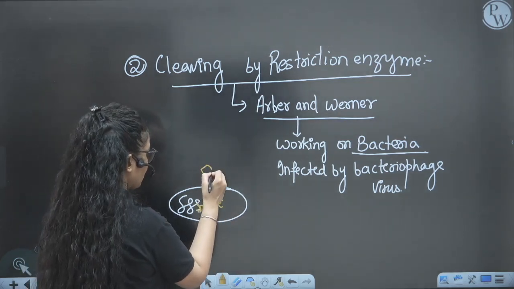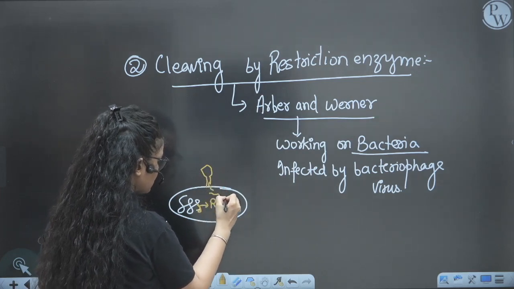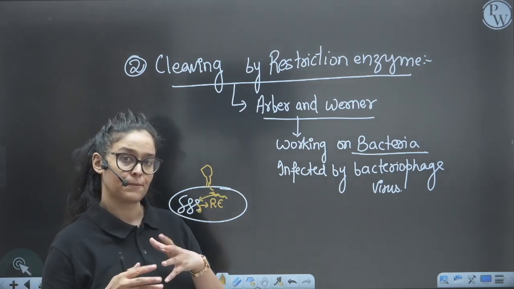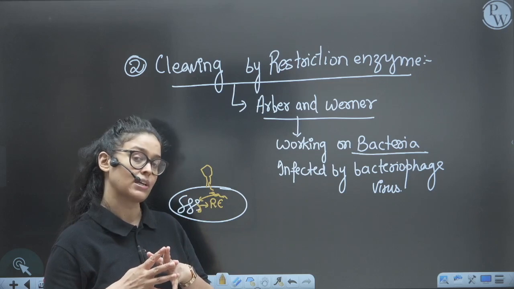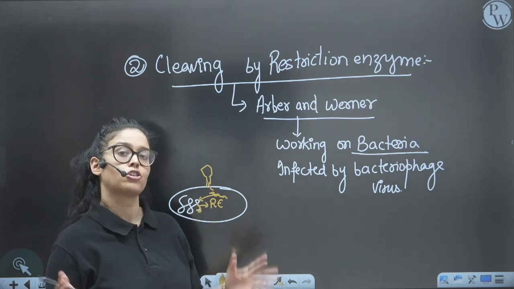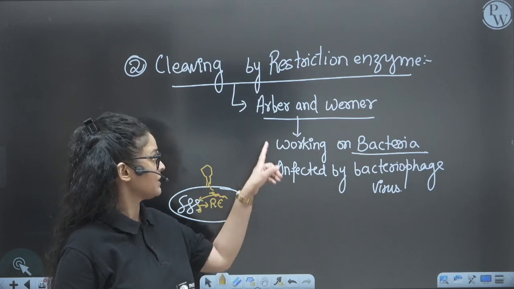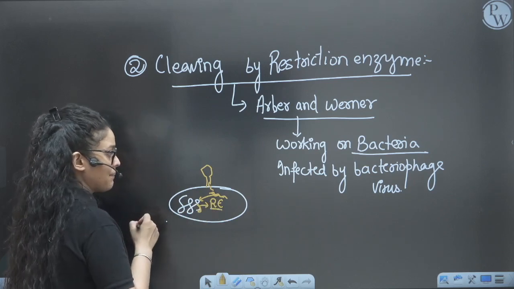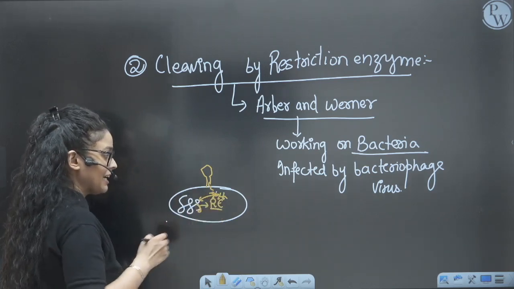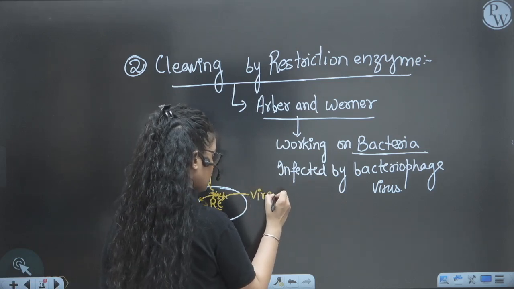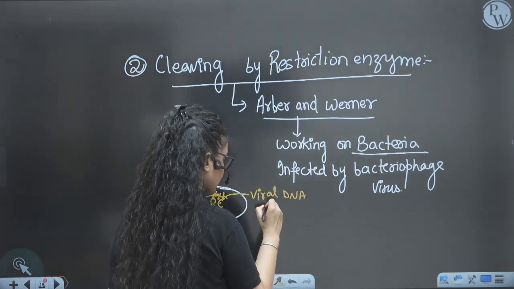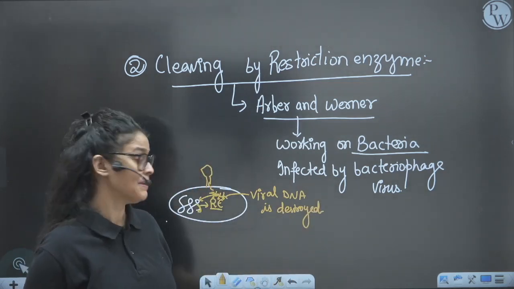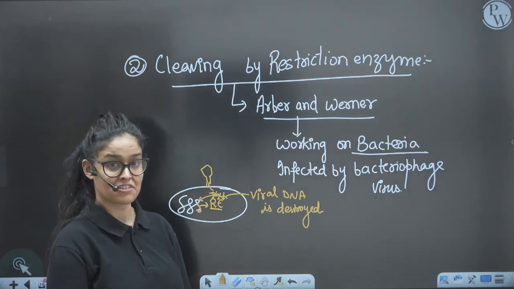Suppose this is the bacteriophage virus and it is putting its gene here to incorporate with the bacterial DNA, so that after incorporating, it will replicate and form a lot of copies. What they observed is that this bacteria is producing restriction enzyme, and this restriction enzyme is cutting the viral DNA into various pieces. Viral DNA is destroyed. They were so amazed that wow, bacteria has their own defense mechanism to destroy the viral DNA. That is really nice.